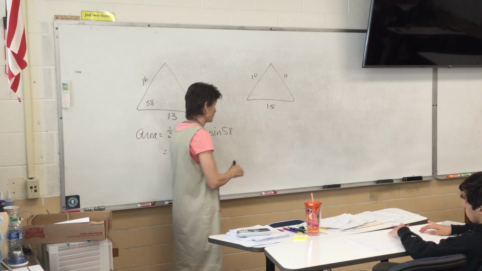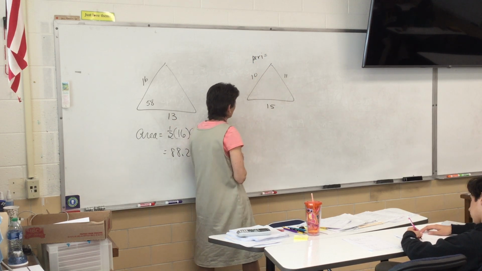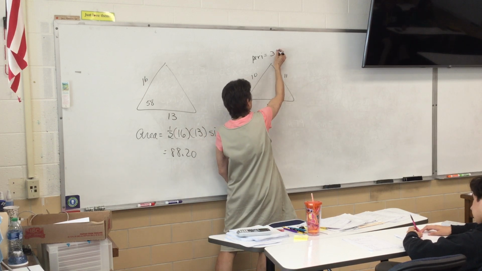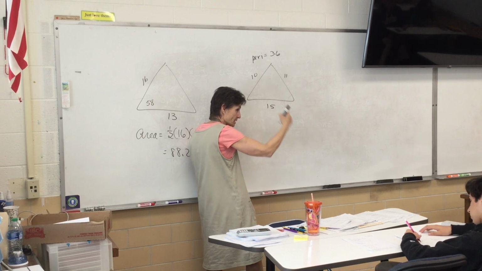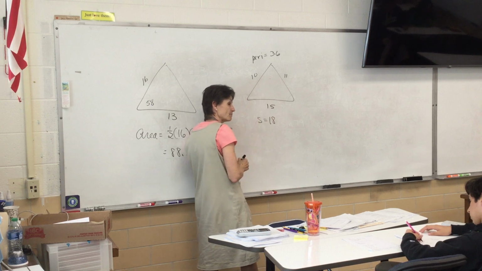Add them all up, so in other words, we find the perimeter, and this perimeter would be what? 36. And then we find the semi-perimeter, which is half of that, so that will be 18.